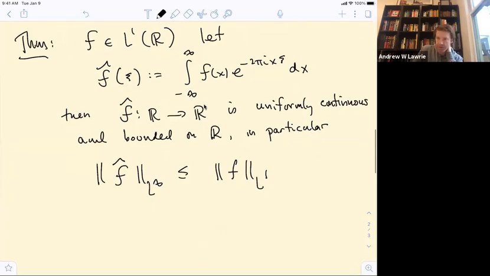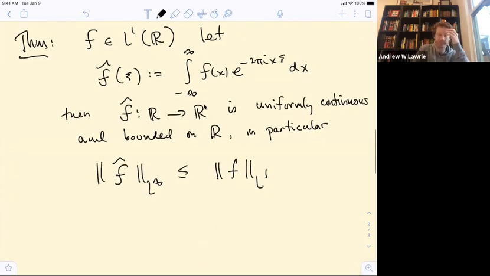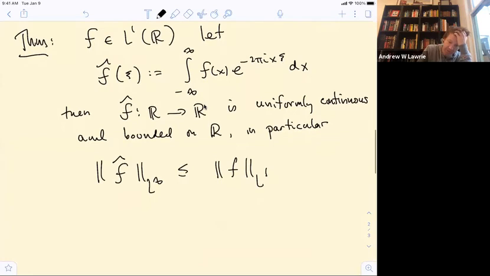So we can make sense of the Fourier transform of an L1 function. This is called the Fourier transform of f.